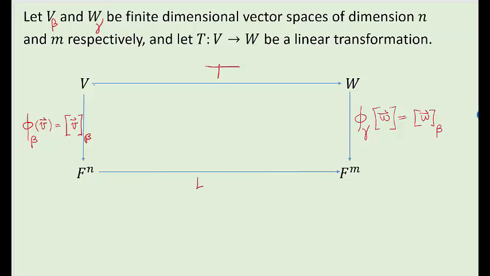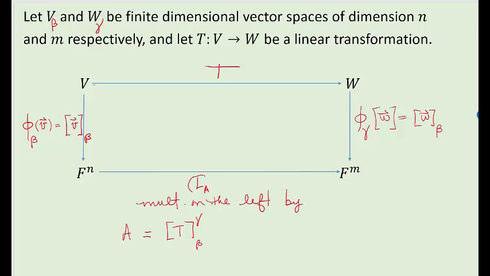The author calls this L sub A. It's the left multiplication by A, where A is the matrix for T relative to the basis beta in V and gamma in W. And we called that matrix A.